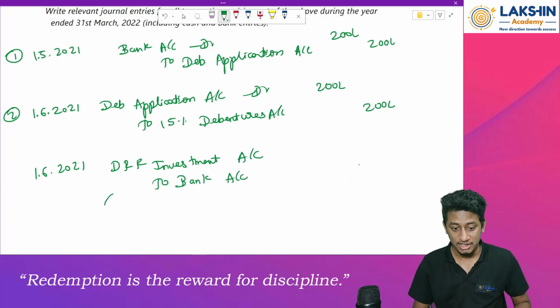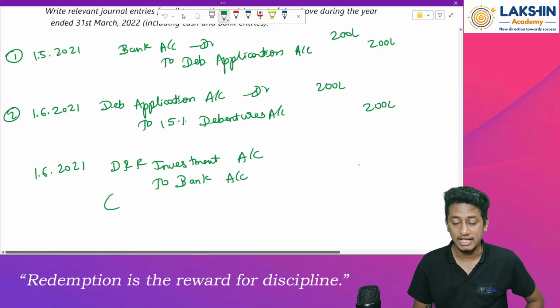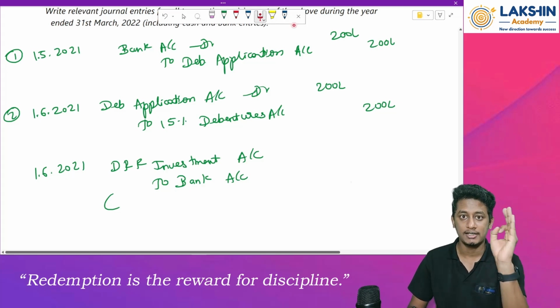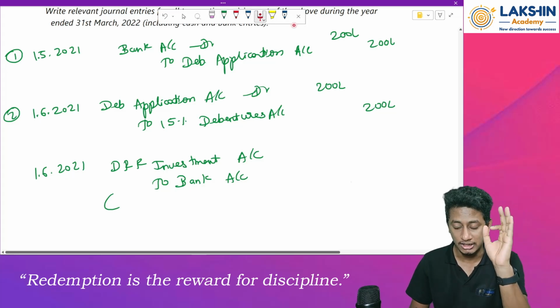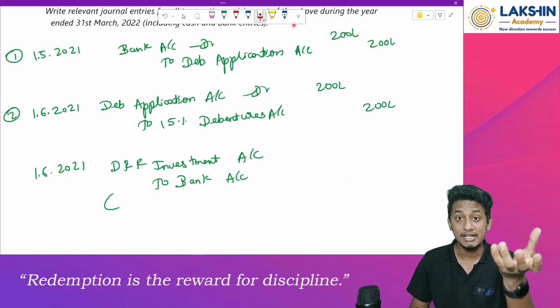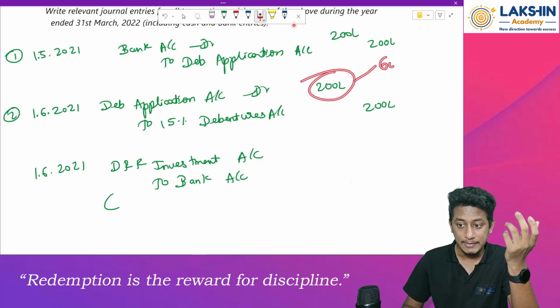Now comes the question, what is the amount of debentures on which I should create the DRR investment? I have told you that DRR investment will be created for the redeemable debentures only. Redeemable in what form? In cash form. So out of this 200, 60% will be equity, right?